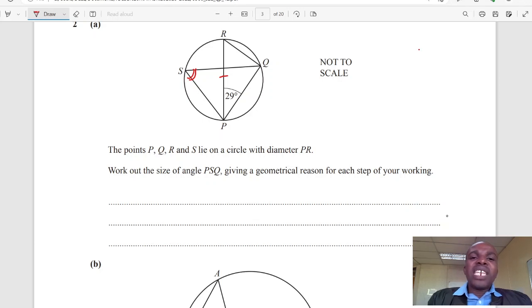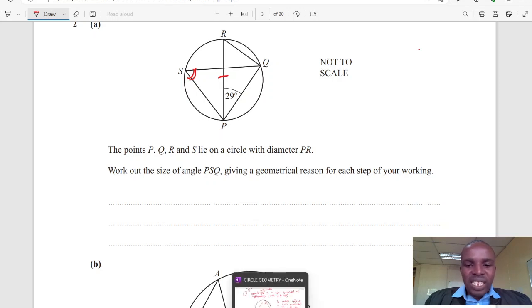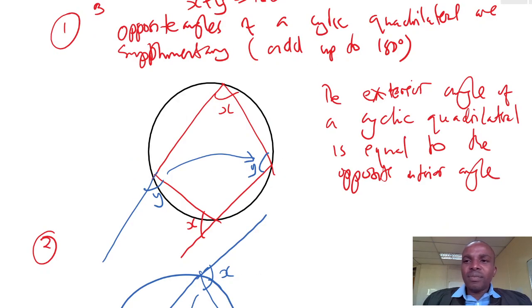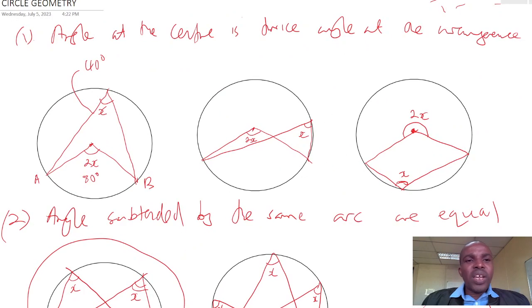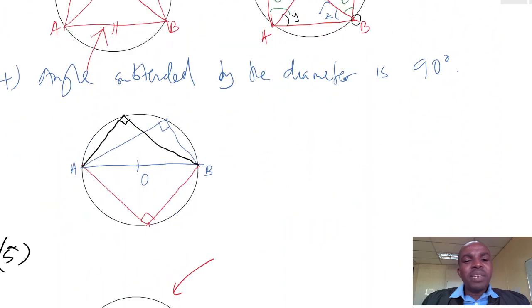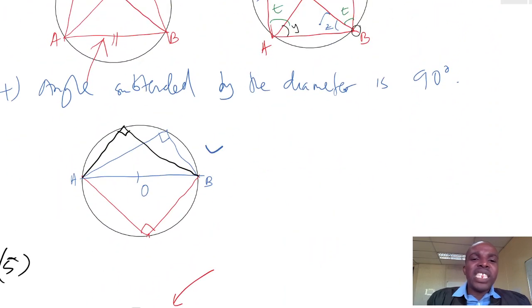Right. Diameter, we apply theory number what? Theory number 3. Let me go to the theories. This one, for the diameter. So you just have to apply the theories. Angle subtended by the diameter is 90 degrees. It's a right angle, right?